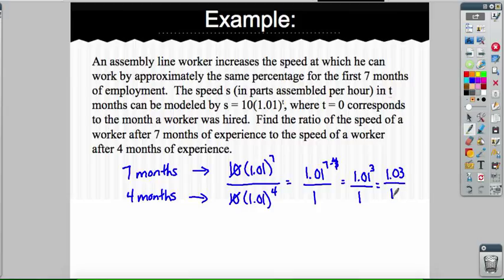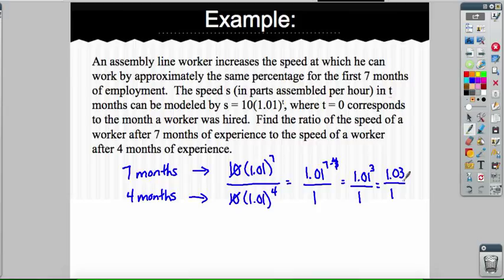Now that might not seem like much, but what this is telling us is that per hour, on average, somebody who has worked there 4 months can make 1 part. Somebody that has worked there 7 months can make 1.03 parts. Again, per hour.